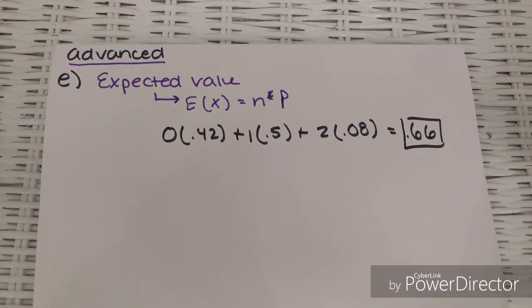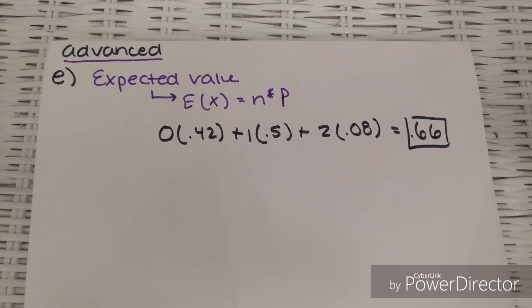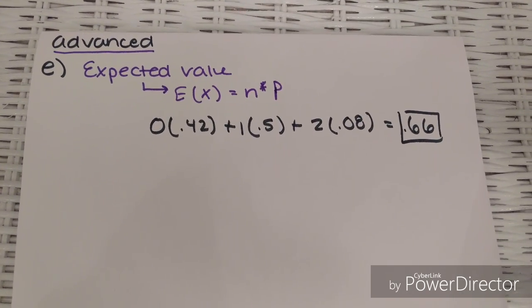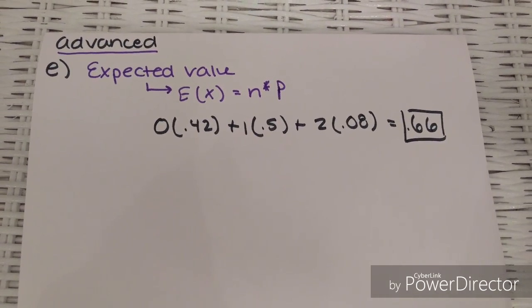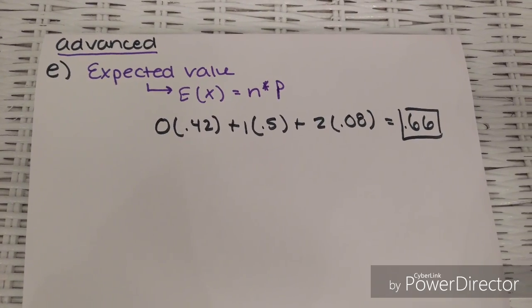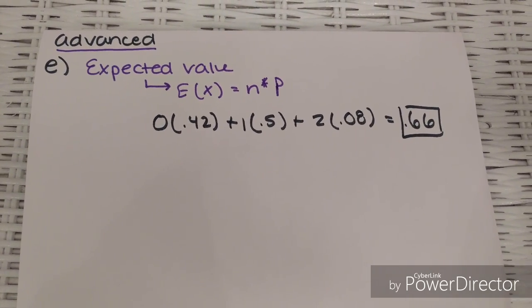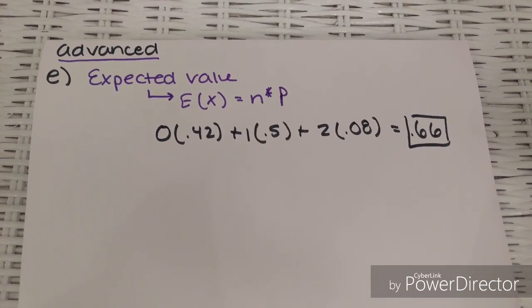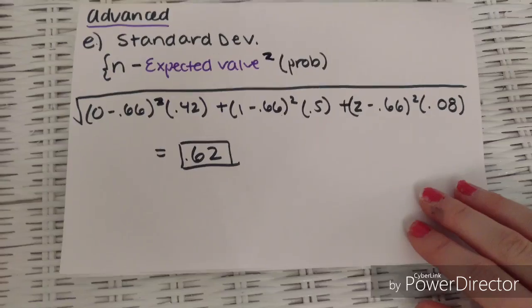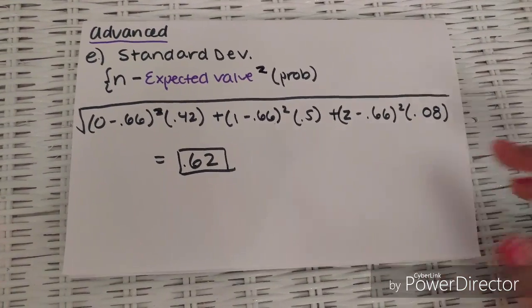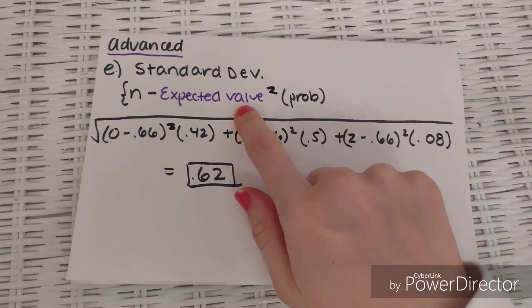Part E of the advanced question tells us to find the expected value and the standard deviation. So our expected value is our n, or how many times we win, times that probability, and then we add them all together to get 0.66. Standard deviation can then be found from putting our expected value into this.